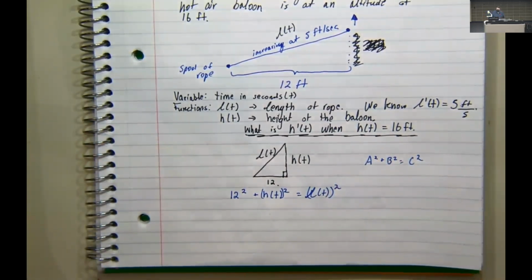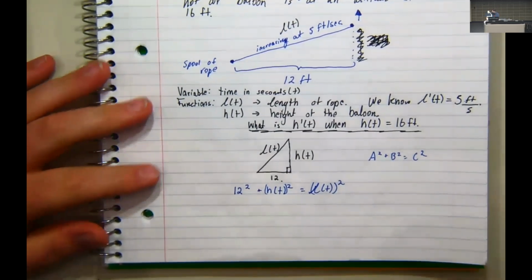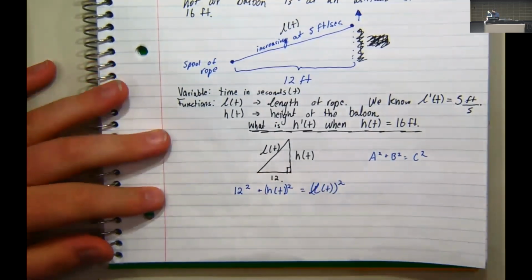Okay. And so we can do some implicit differentiation of both sides with respect to t.